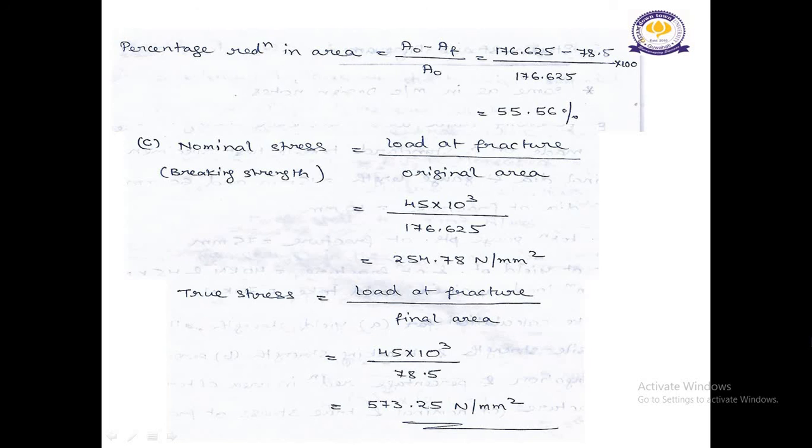Next, we need to find the true stress, which is equal to load at fracture divided by final area. So load at fracture is the same, 45 into 10 to the power 3, and final area we have calculated earlier as 78.5, so it comes out to be 573.25 Newton per mm square.